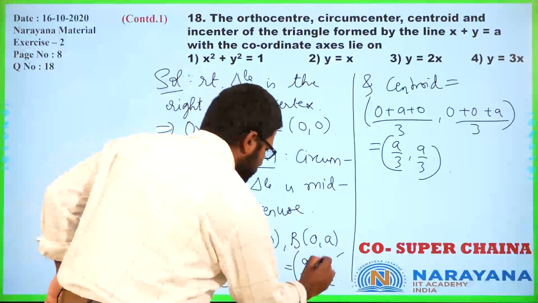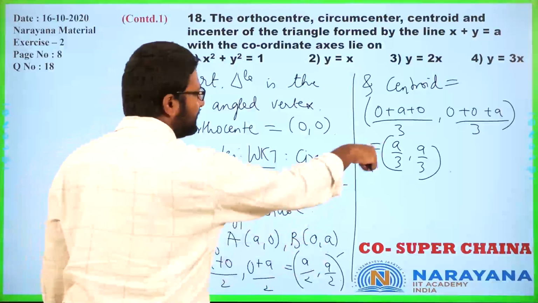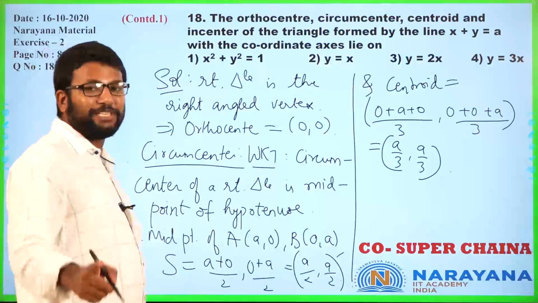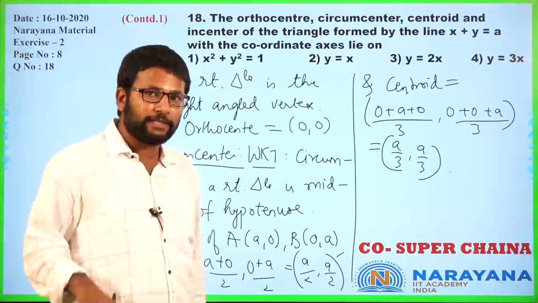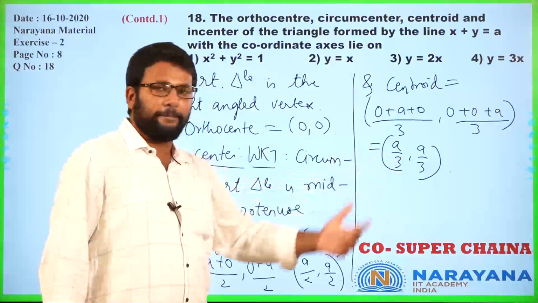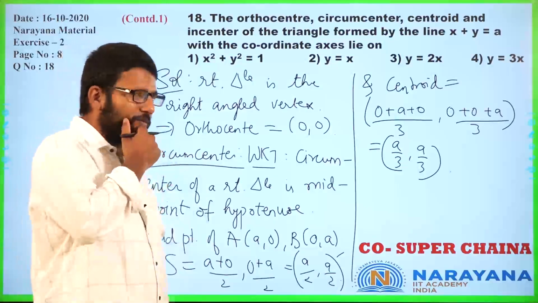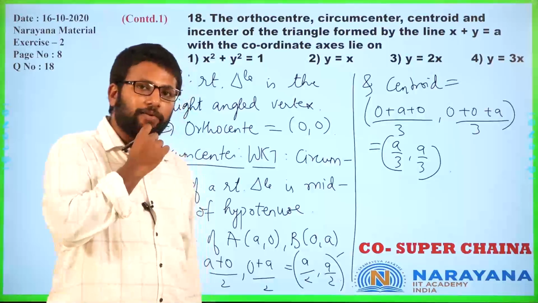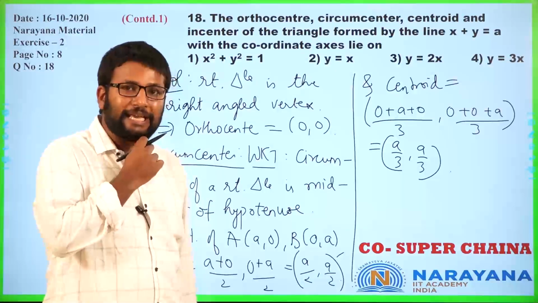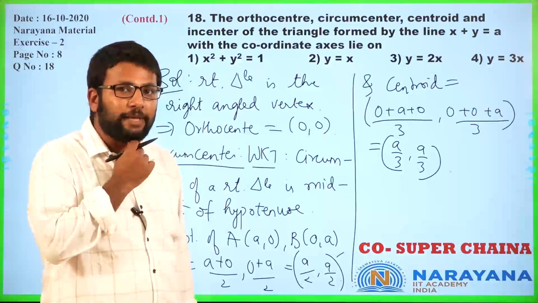Observe these coordinates carefully. 0 comma 0, A by 2 comma A by 2, A by 3 comma A by 3. What is special about these 3 points? The x and y coordinates are same, right? So what does that mean? We want a line on which x and y coordinates are the same. What should that line be?